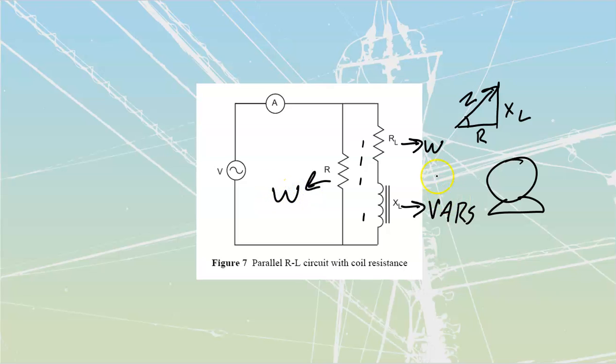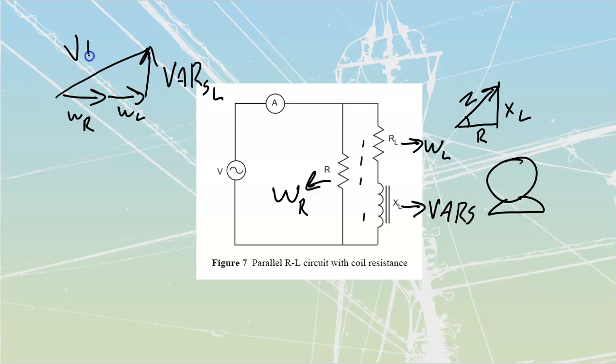And then all that we need to do is take our watts of our inductor, watts of our resistor, and we just add those together. WL, WR, and then we're going to add in our VARs out. Draw it upside over here. VARs out like that. All together at that point, you would be able to develop your VA.